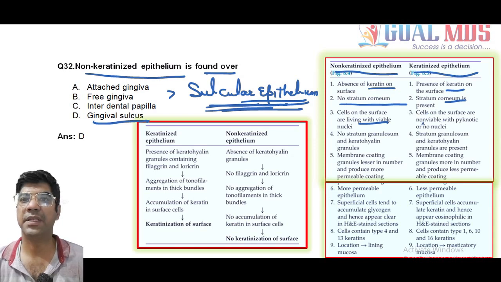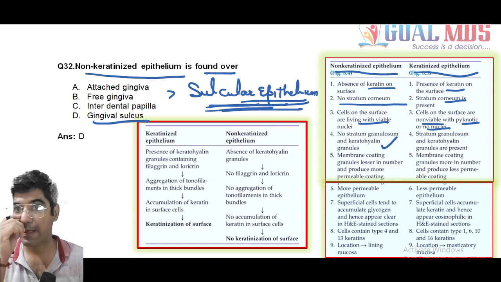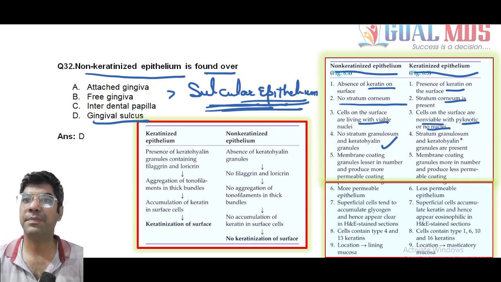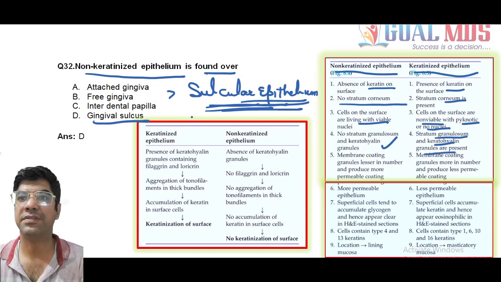In non-keratinized epithelium, cells on the surface are living, whereas in keratinized, the surface cells are non-viable with pyknotic or no nucleus. In non-keratinized epithelium, there is no stratum granulosum and keratohyaline granules, whereas in keratinized epithelium there is stratum granulosum and keratohyaline granules.